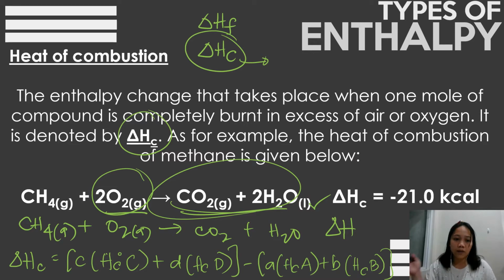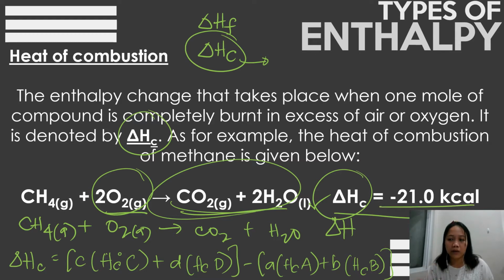So in this case, if you're going to pause this video and solve it, you should generate an answer of negative 21.0 kcal. But not HF anymore because this is a combustion reaction. Your change in enthalpy should have a subscript of C. So therefore, you should have delta HC is equal to negative 21.0 kcal.